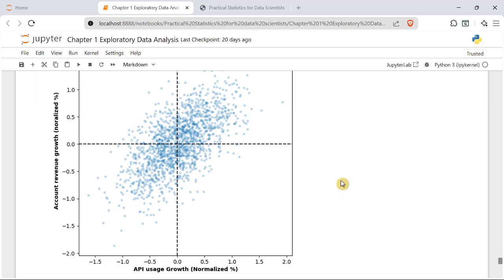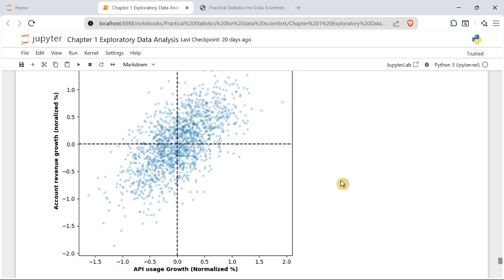Because we apply transparency to data points, we can clearly see the dense correlation trend moving up to the right generally. As our clients use the API more, they pay us more. However, the true executive value lies in the quadrants.